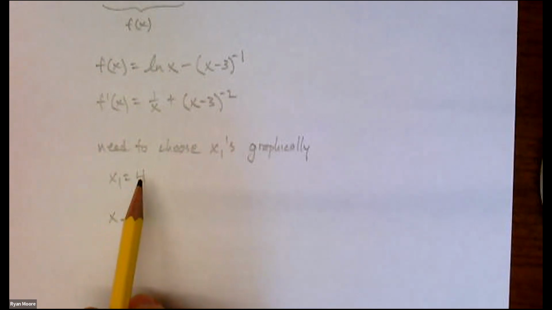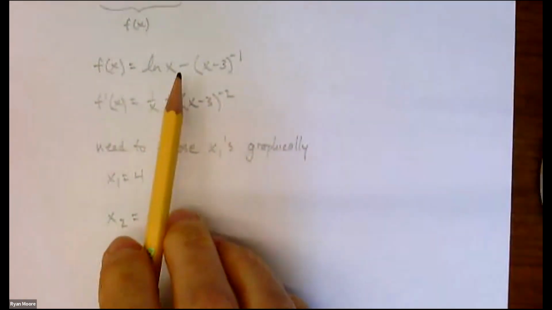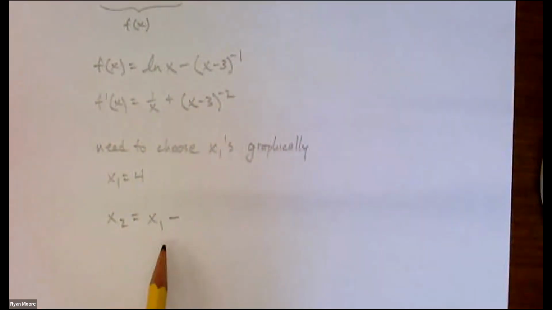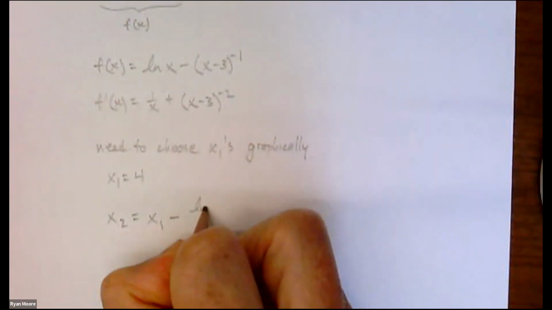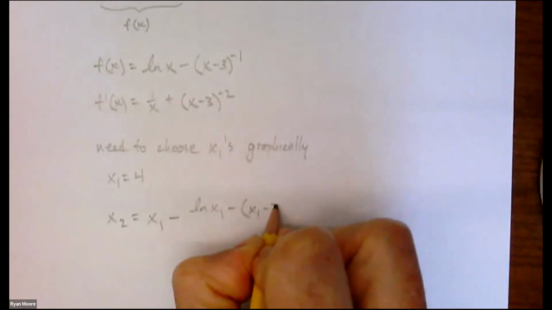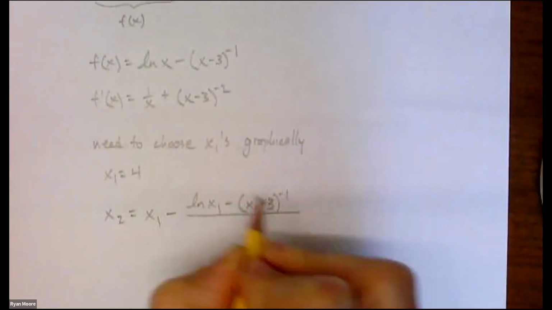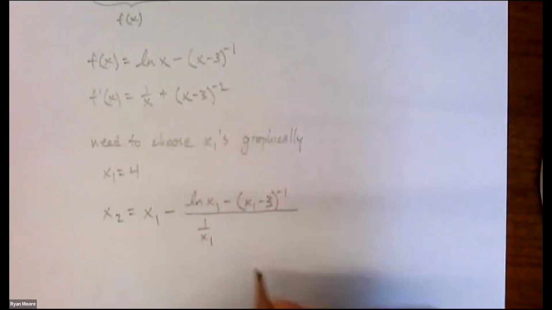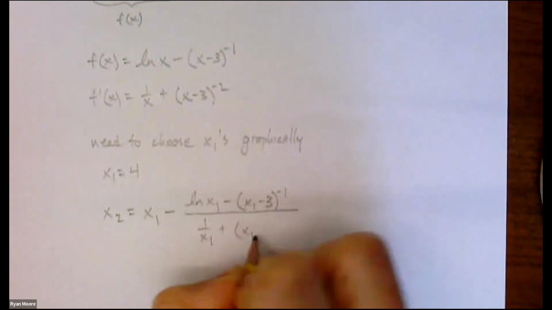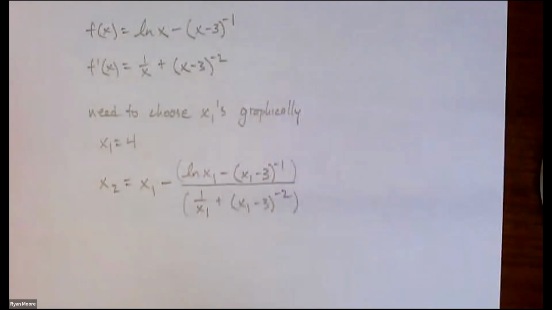So we begin with x1, subtract, and then it's the original function divided by the derivative. So we'll have the natural log of (x1 minus 3) to the negative 1 over (1 over x1 plus (x1 minus 3) to the negative 2). And we'll need parentheses there and there.